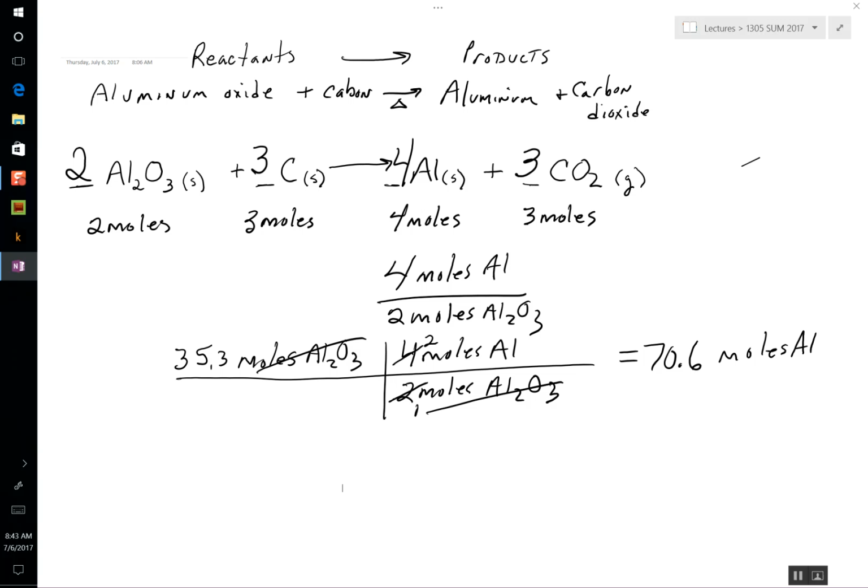Why are we going to go through this step? We're going to go through this step because that's what we know. We know the relationship between moles of aluminum and moles of CO2 from this equation. That is not a direct moles to gram relationship, but we can figure out the grams. Okay, let's see what that looks like.